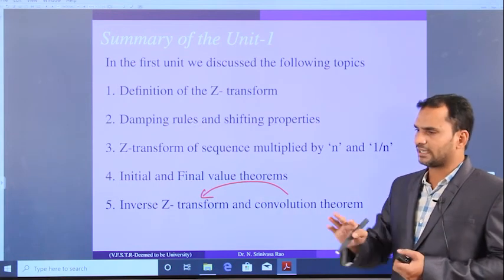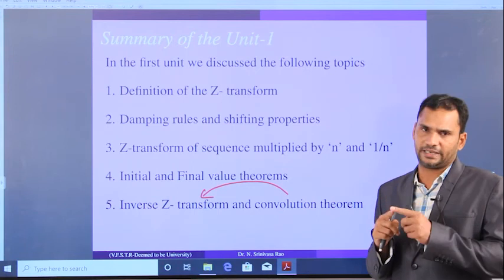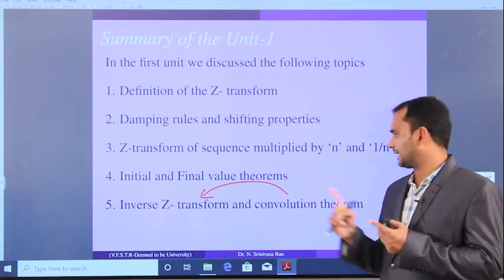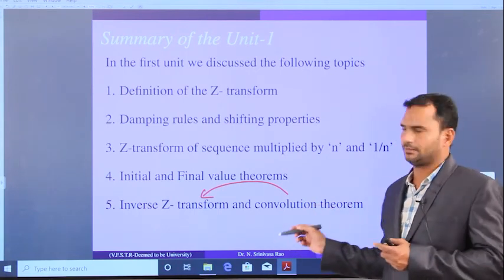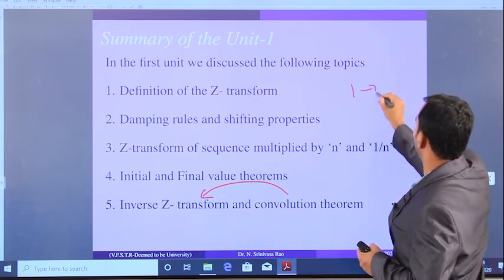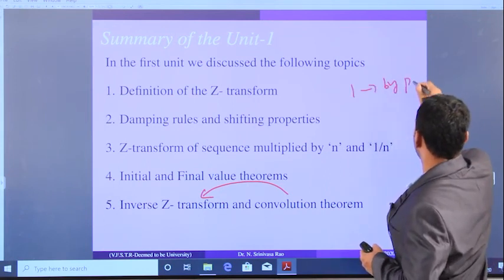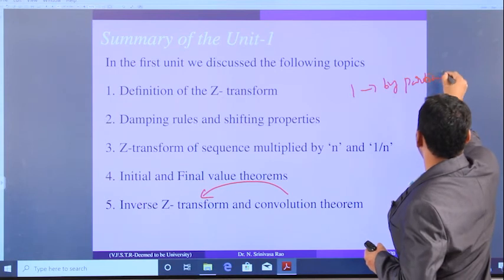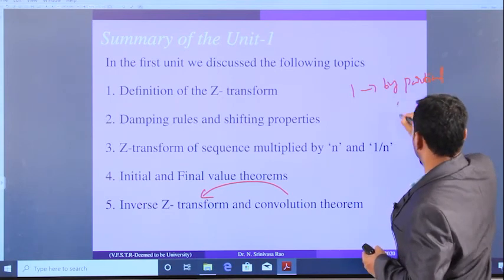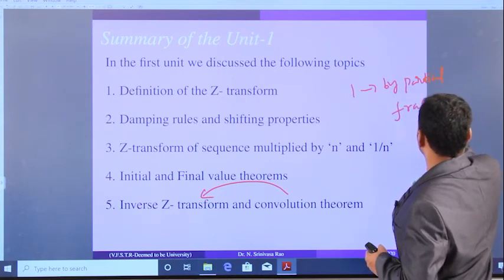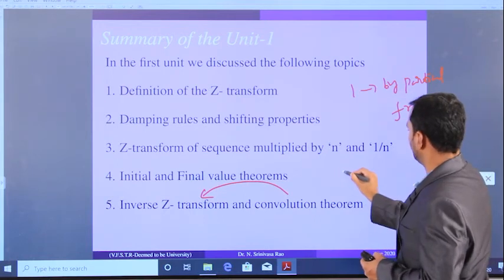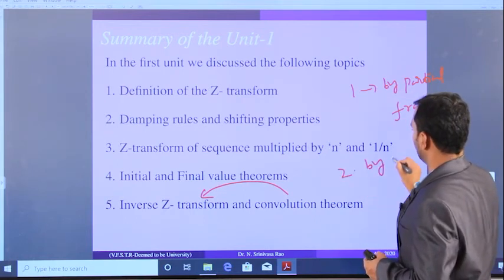So finding the inverse Z transform has two ways. The first one is by partial fractions, and the second one is by convolution theorem.